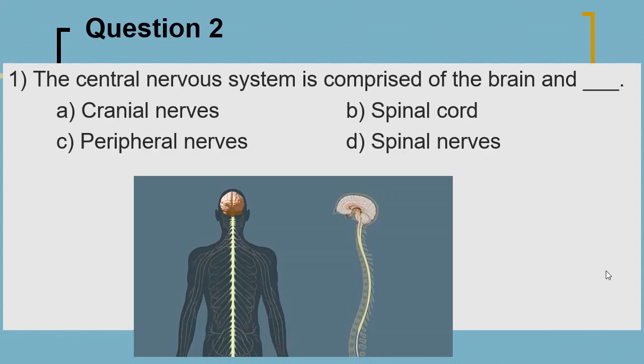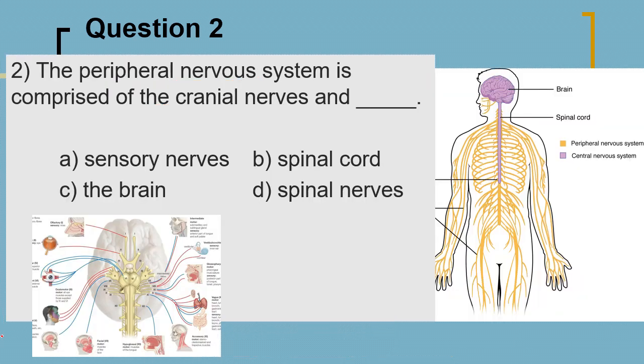So question number 2 on the in-class questions. I'll give you a second to take a look at this. Central nervous system is composed of the brain and spinal cord, so this would be letter B. Next question, I'll give you a second to take a look at this.